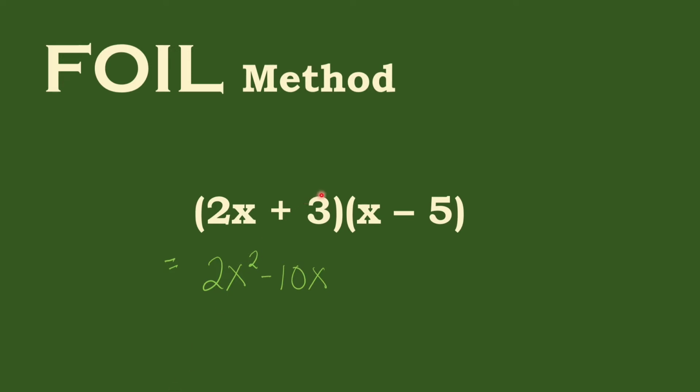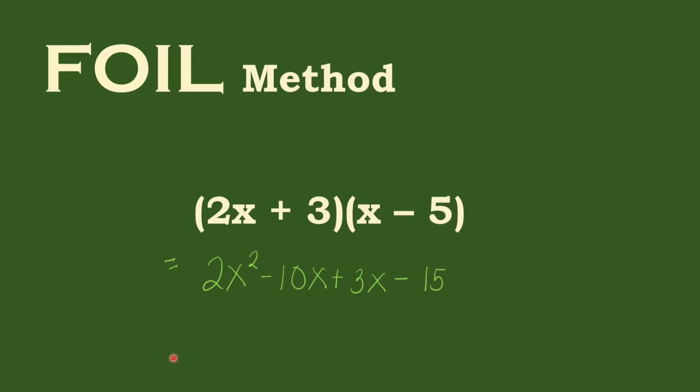And then the product of the inner terms, 3 times x, would be 3x. And then the product of the last terms, 3 and negative 5, would be negative 15. So that's 3 times negative 5, negative 15.